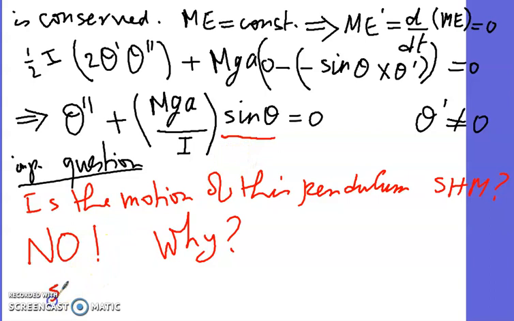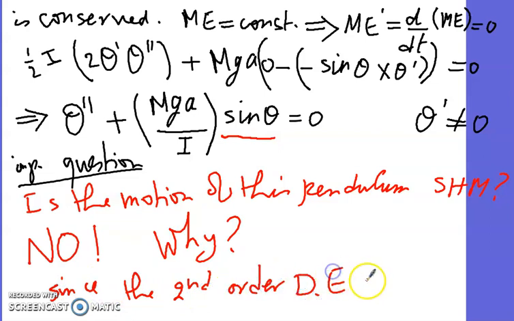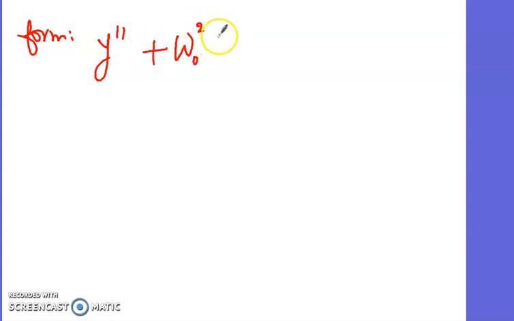Why? Since the second order differential equation is not of the form y double prime plus omega 0 squared y equal to 0.